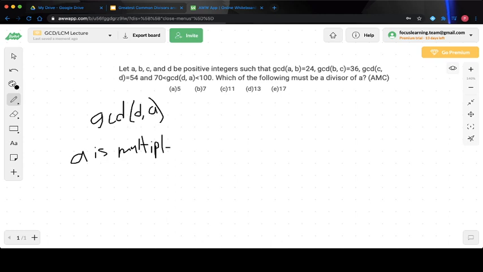It's better if you prime factorize it so we can see the factors: 2 to the 3 times 3. And from our last equation, you can see that D is a multiple of 54. If I prime factorize it, that is 2 times 3 to the power of 3.